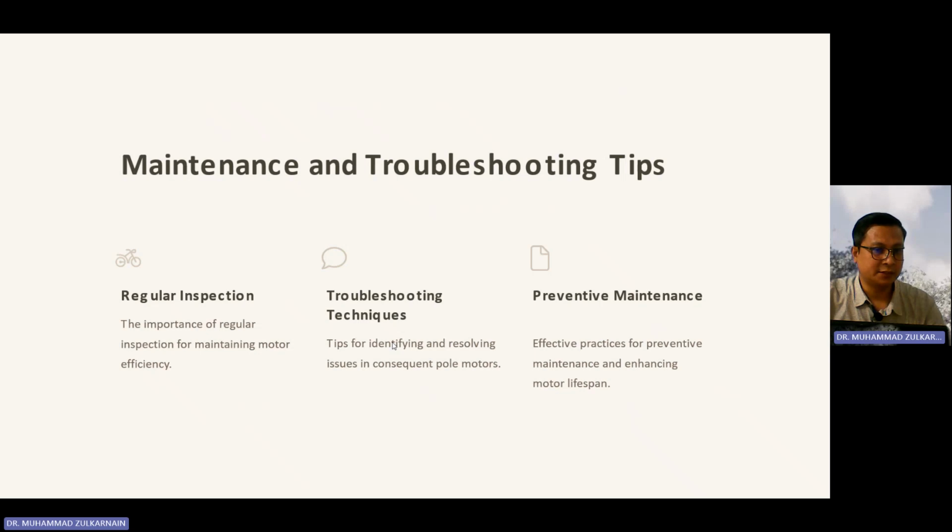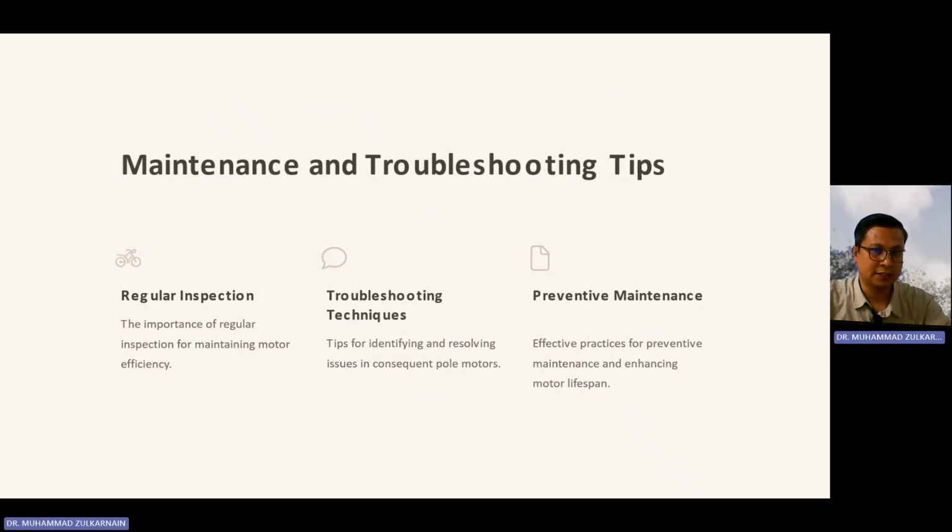Okay, going on to maintenance and troubleshooting. Regular inspection is important for maintaining motor efficiency, and then troubleshooting techniques and tips for identifying and resolving issues in a consequent pole motor. Because they have many poles inside, they vary, and we need to understand the concept of the motor itself.